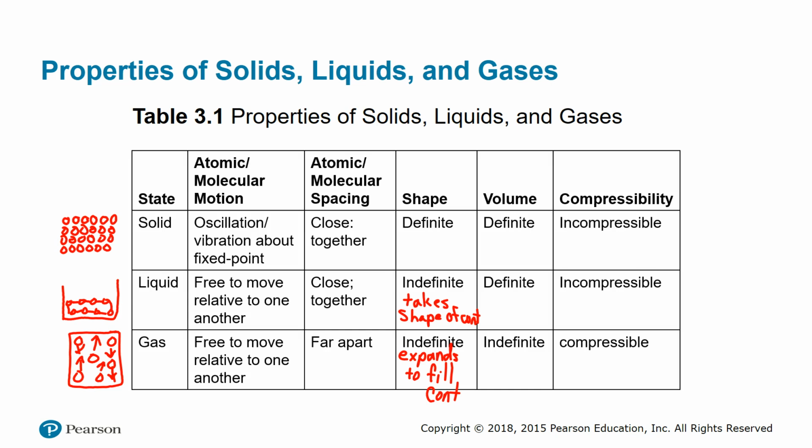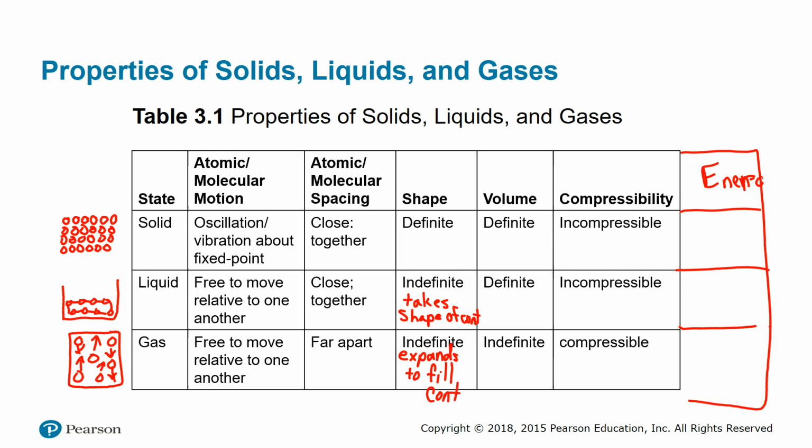It's not on here, but if I were to add one more column and call it energy, in terms of energy, which set of molecules would have the highest energy? Gas. So gas is going to have high energy.